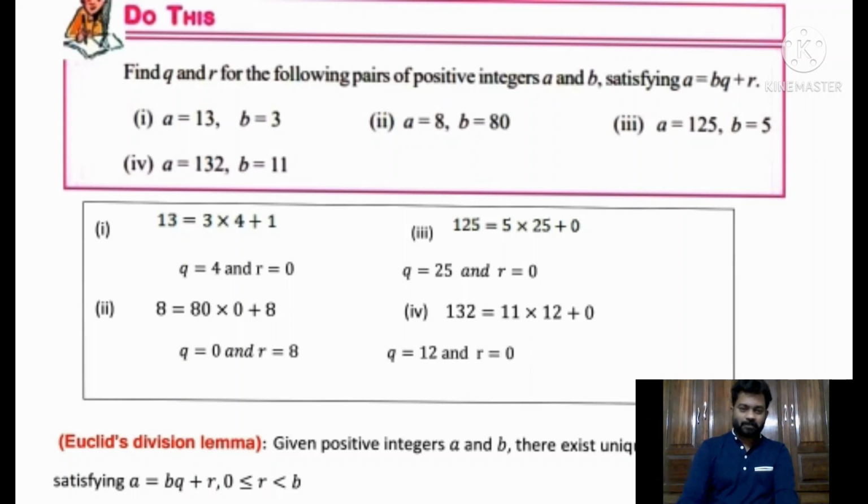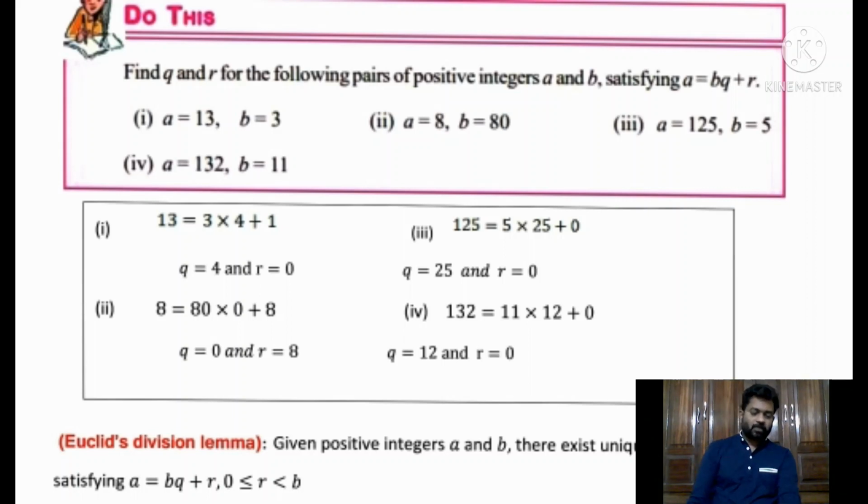Third sum. Given a equal to 125 and b equal to 5. 125 is written as 5 into 25 plus 0. Therefore, here q equal to 25 and r equal to 0.